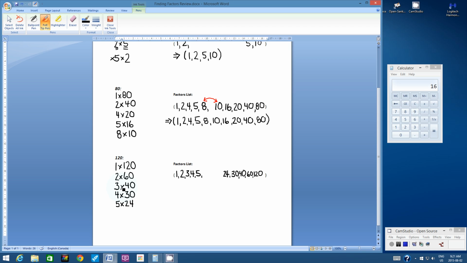So when I determine if 6 is a factor of 120, I just look at my list. Now remember, the divisibility rule for 6 is a number is divisible by 6 if it is divisible by 2 and 3. Well, 120 is divisible by both 2 and 3. So I know that 6 is one of the factors. So then I can just use my calculator and divide 120 by 6.